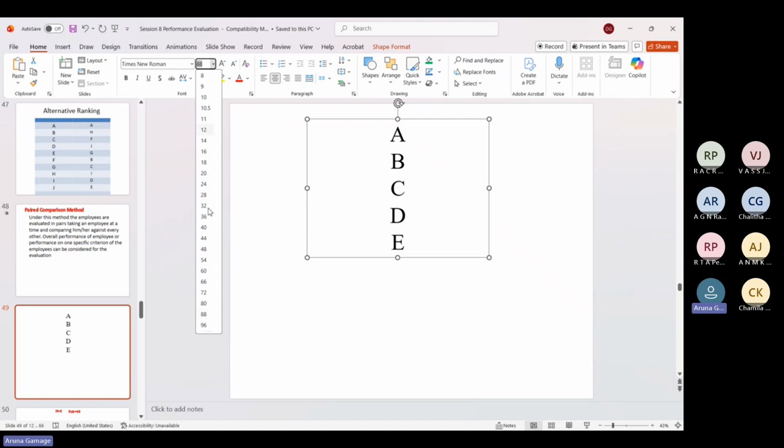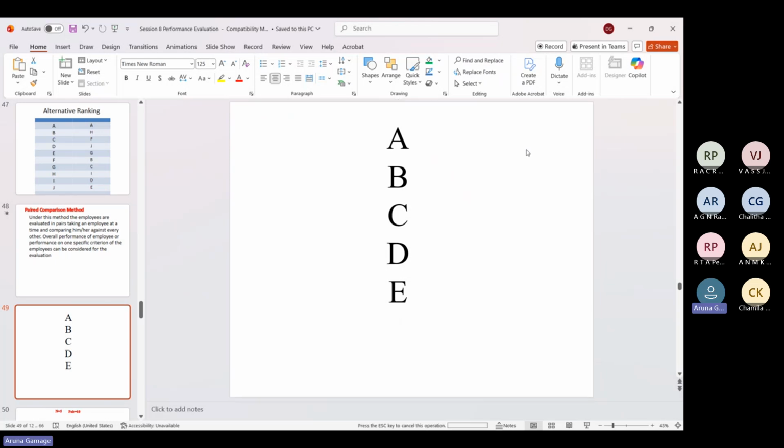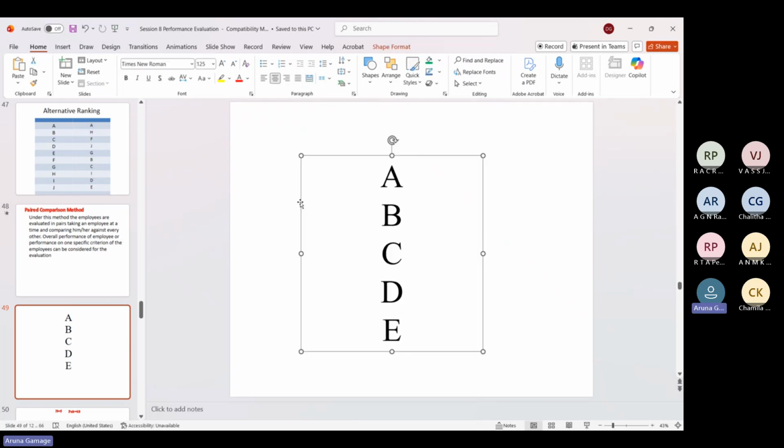We are supposed to evaluate them by using paired comparison. In that case, we have to take one employee at a time and compare him with the others, and we have to give a mark for the best one.